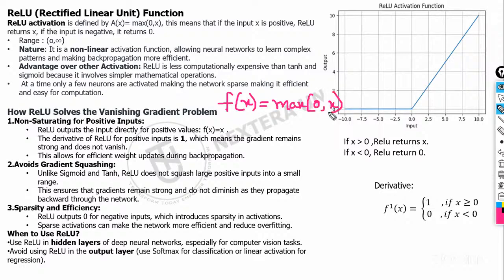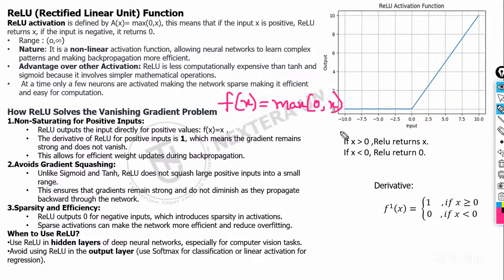Is it very simple? The formula, is it very simple? Yes. It says maximum of 0 comma x. Out of these two values, whatever the maximum value, return it as output. That's what it means. If the value of x is negative, obviously the output will be 0.